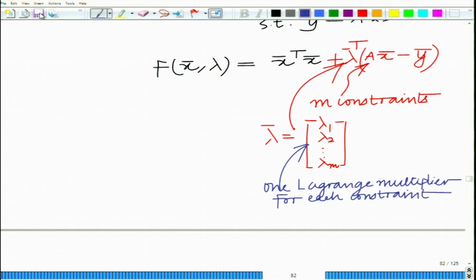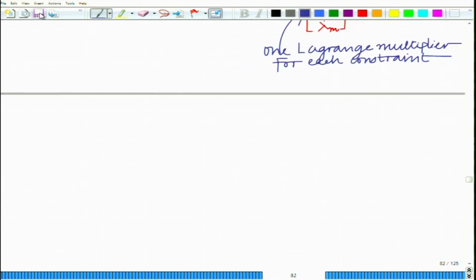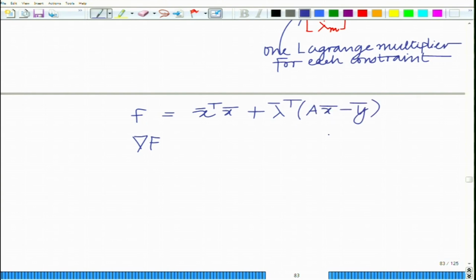There is one Lagrange multiplier for each constraint, and now when you take the gradient of this, so your f equals x bar transpose x bar plus lambda bar transpose times A x bar minus y bar. Now you take the gradient. We have done this before. X bar transpose x bar is nothing but x bar transpose I, identity times x bar, so the gradient is twice x bar.